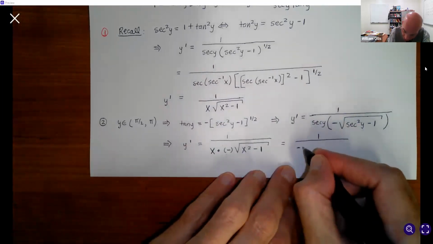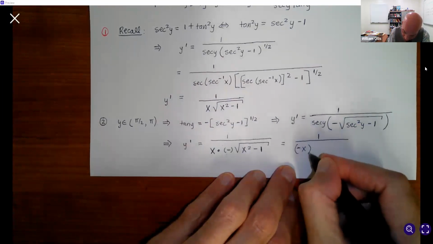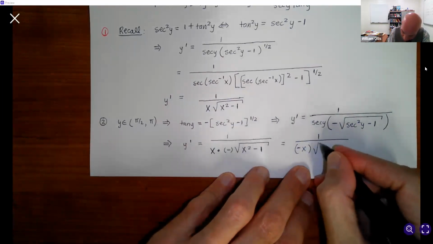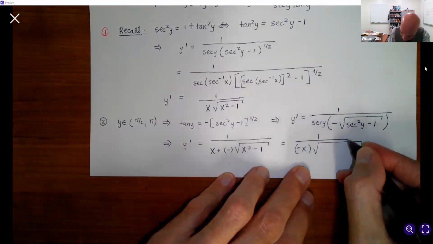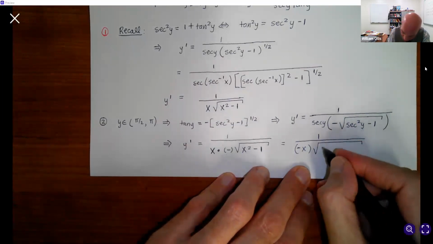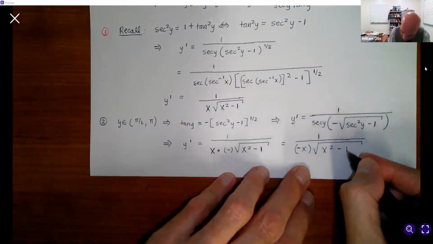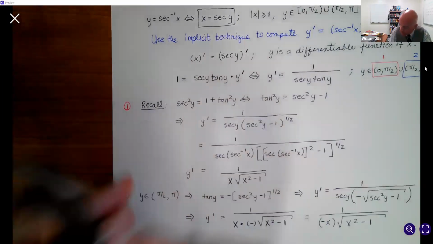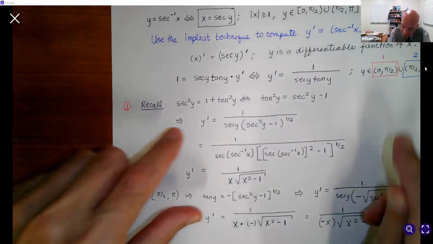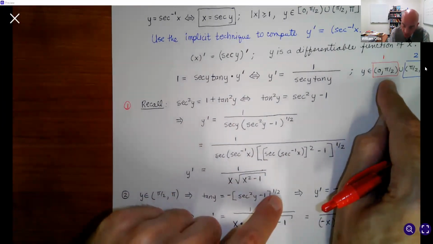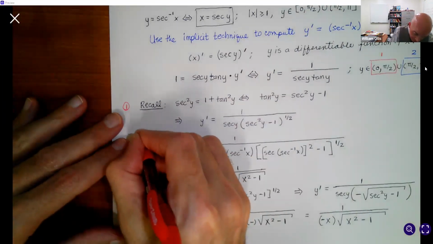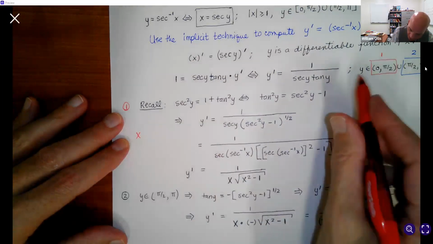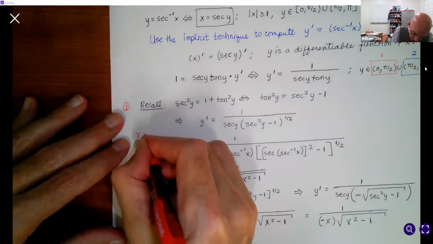So we have the additive inverse of x. And then here, we'll just go ahead and write this as x squared minus 1. Now notice, we've got to go back to the original definition. When y lives here, we throw out the 0, x is greater than 1.